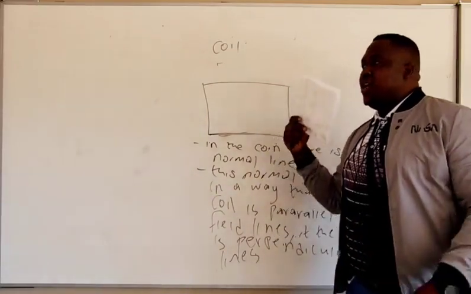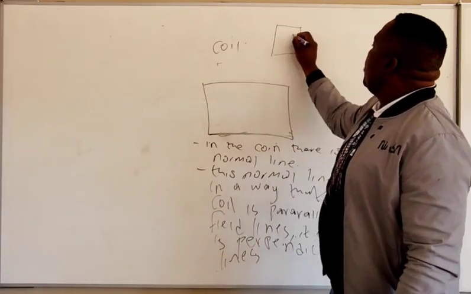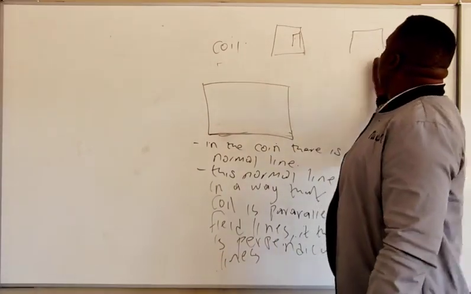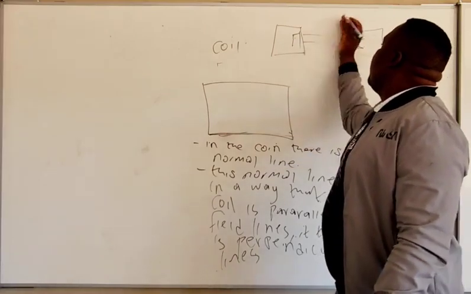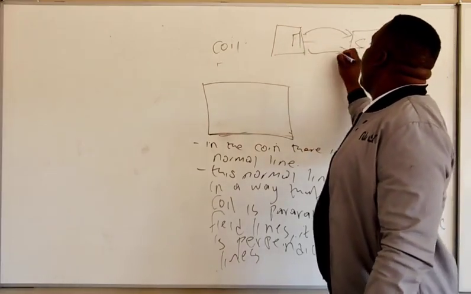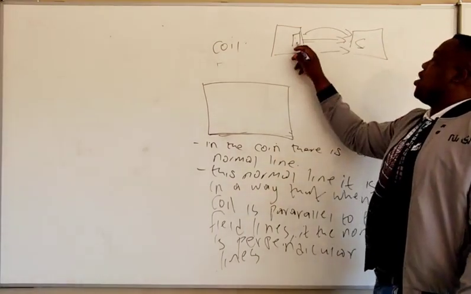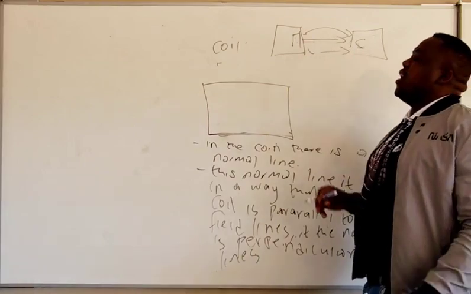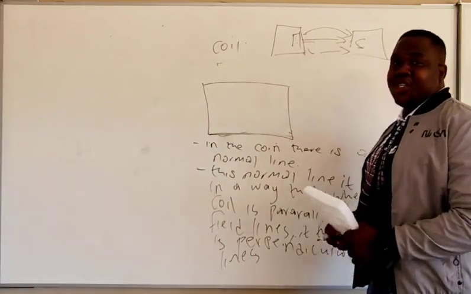When the coil is parallel, look, we have got two magnets, north and south. Remember the magnetic field lines? They are going to do what? To point to the south, from north to south, as I gave you the analogy of colonizers when they came to our continent.